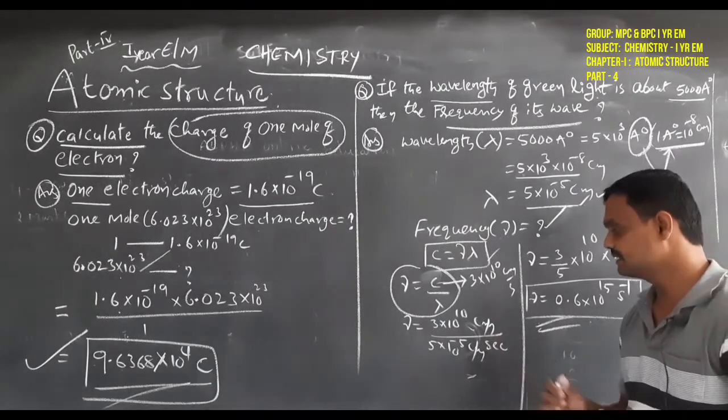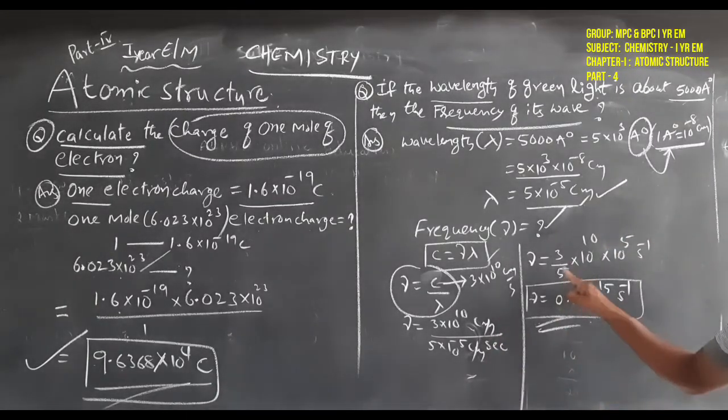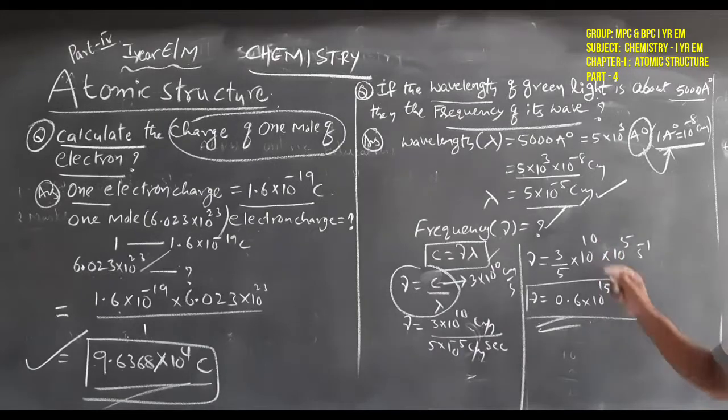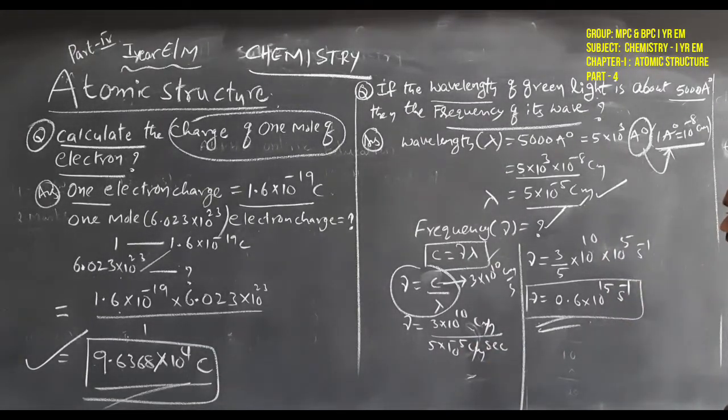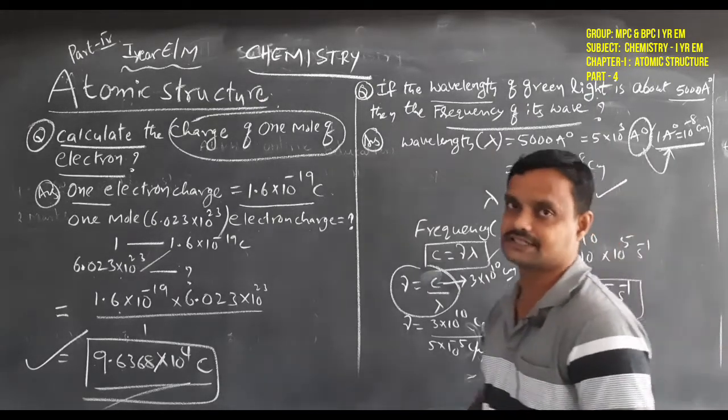So centimeter gets cancelled, remaining is 3 by 5 into 10 power 10, and the denominator 10 power minus 5 moves to the numerator and becomes plus 5. So 10 power 10 into 10 power plus 5 means 10 to the power of 15. 3 by 5 on simplification gives 0.6.